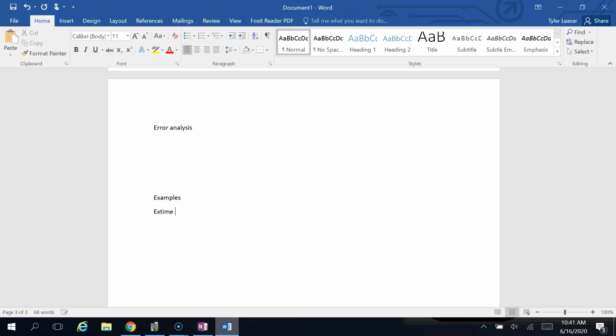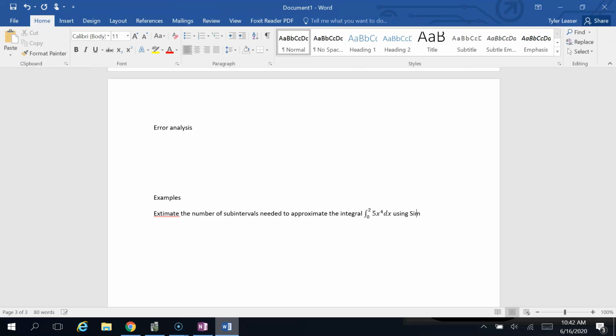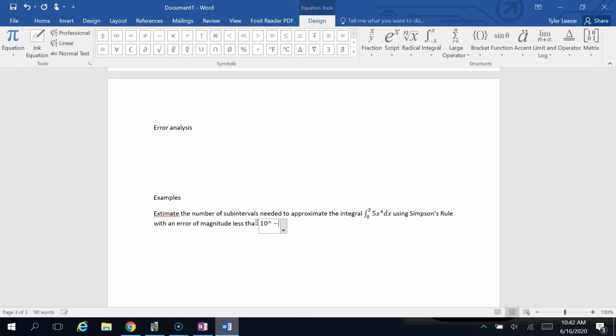Estimate the number of subintervals needed to approximate the integral. And here we're going to do the integral from 0 to 2 of 5x to the fourth. So the same thing that we were just doing using Simpson's rule, with an error of magnitude less than 10 to the negative 4.